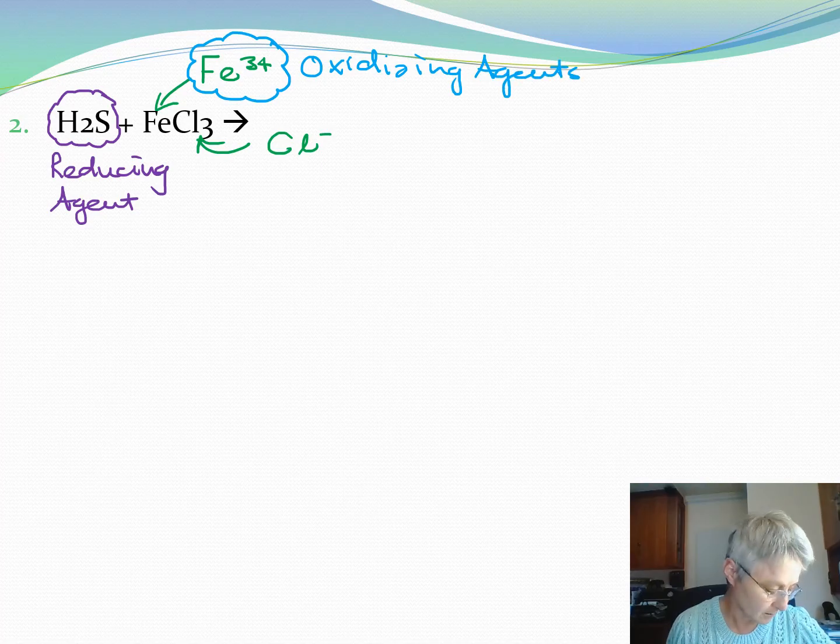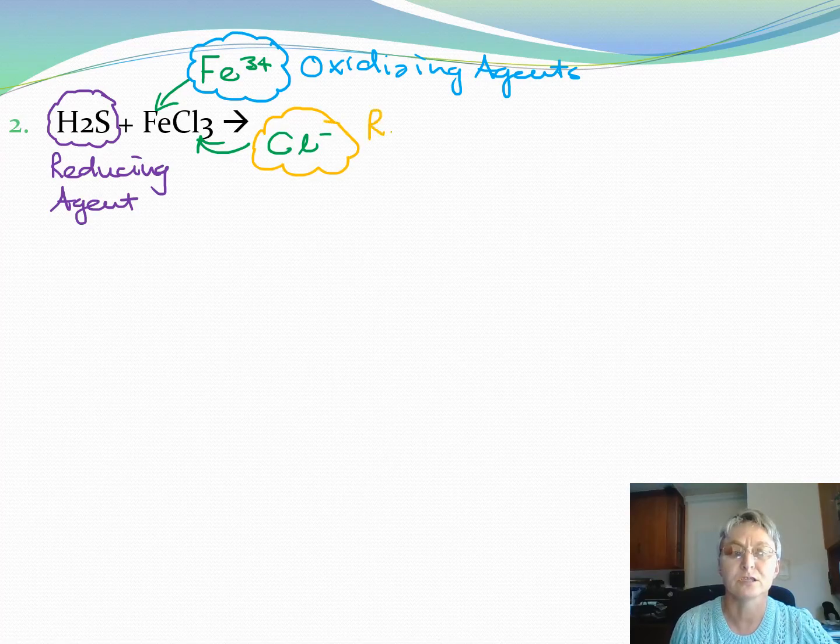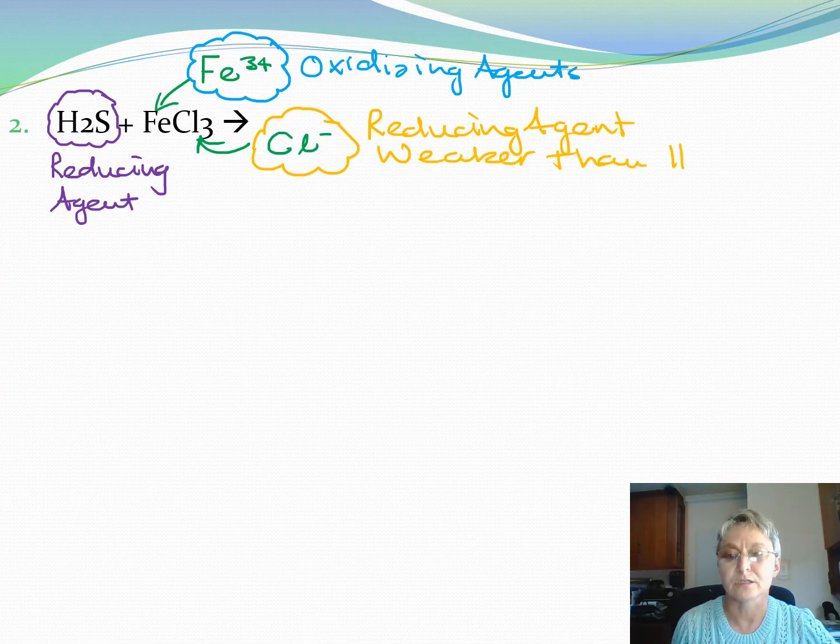I'm going to talk about the Fe3+ in a moment. If you look at the Cl negative, the chloride ion is another reducing agent, but it is a weaker reducing agent than H2S because it's lower down on the table on the side of the reducing agents. So Cl negative will be a spectator ion in this reaction.